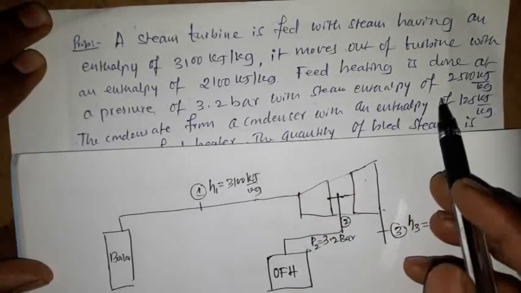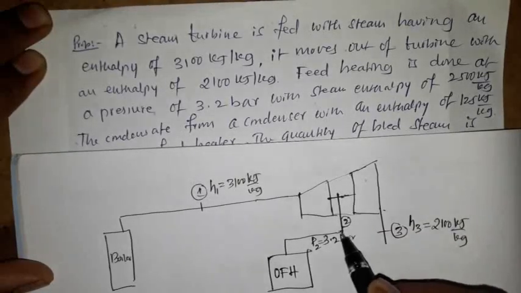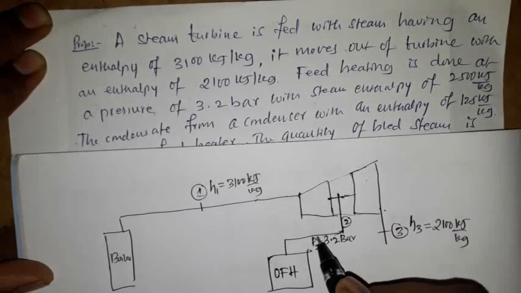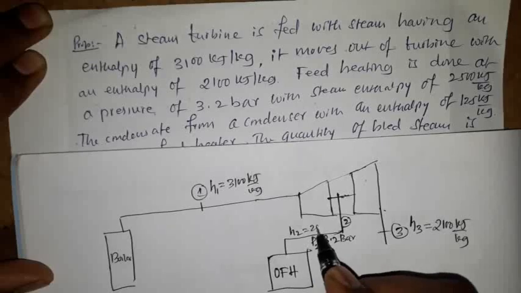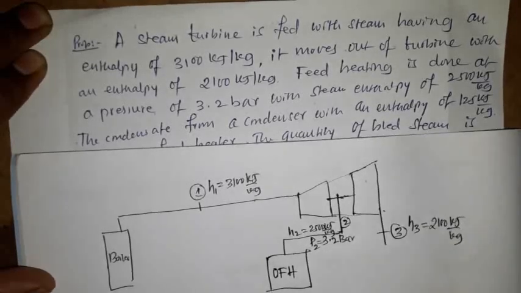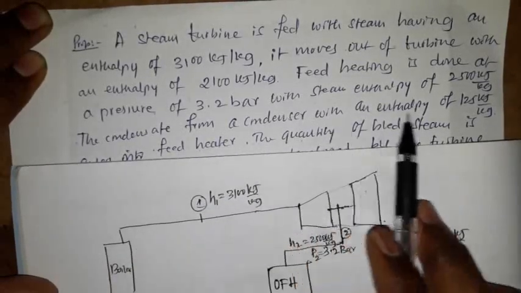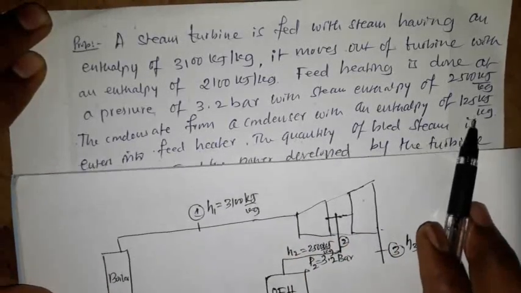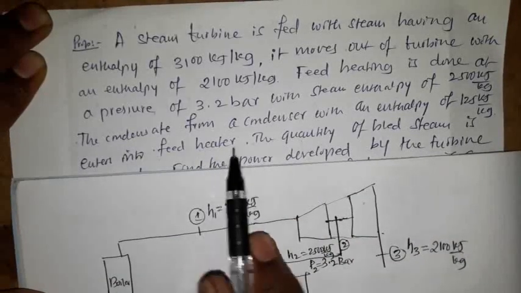The steam with an enthalpy of 2500 kJ per kg, means the enthalpy of this steam which is supplied to the feed heater, H2, is 2500 kJ per kg. Now the condensate from the condenser with an enthalpy of 125 kJ per kg enters into the feed heater.